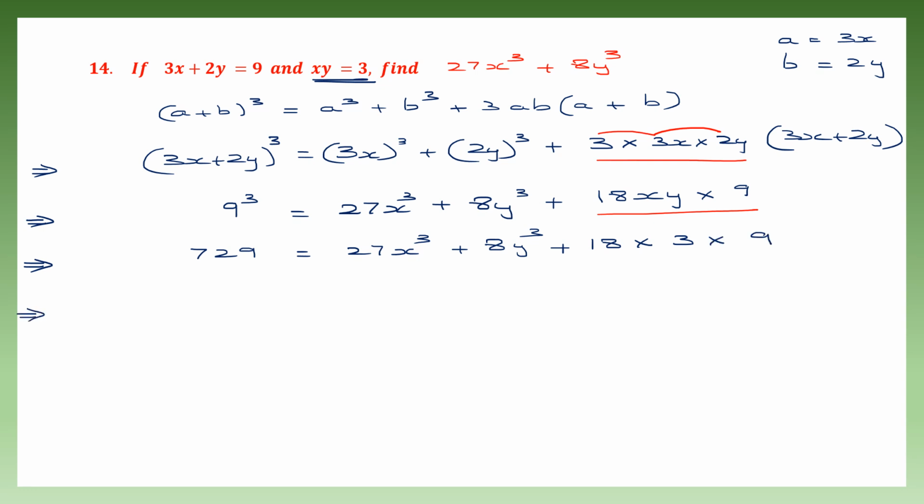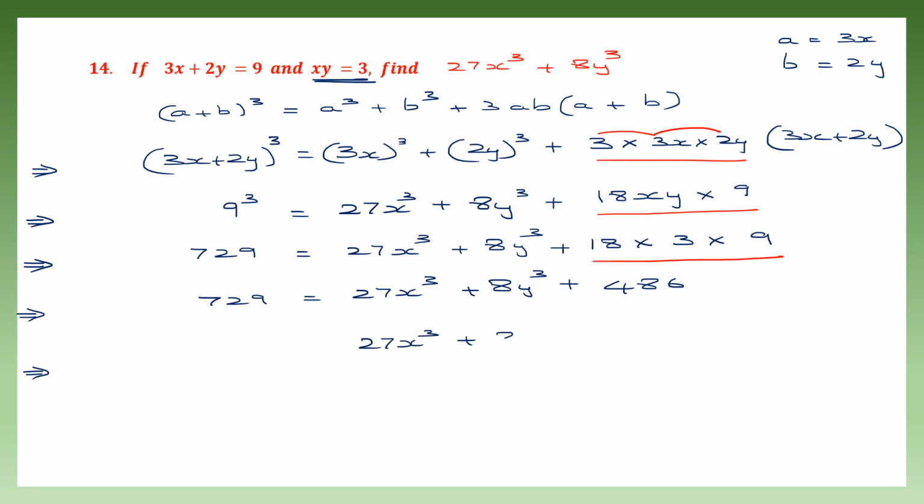So 729 is equal to 27x cube plus 8y cube plus. Now here let's multiply all three and see what we get. So 18 into 3 into 9 is 486. Now what we need to find out is this 27x cube plus 8y cube. So let's write this here, and on this other side we are going to write 729.